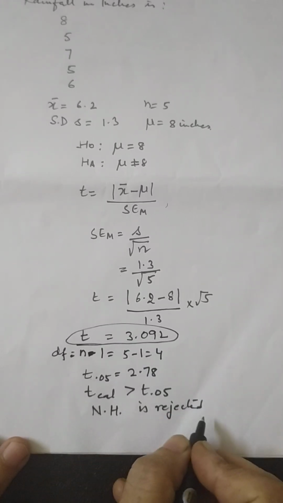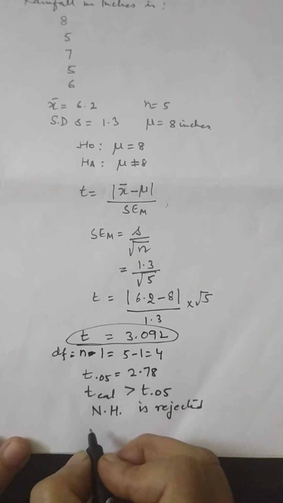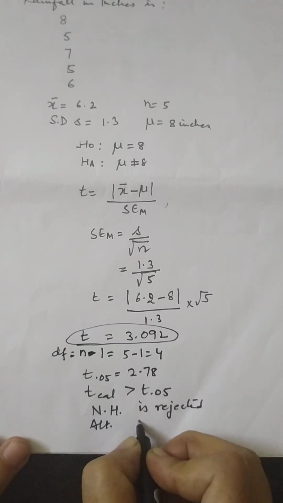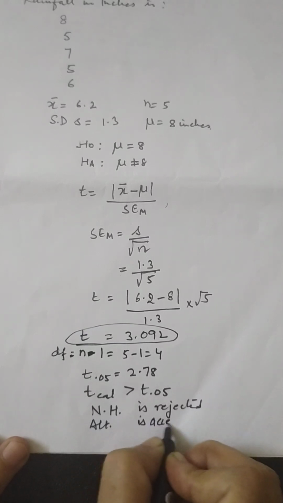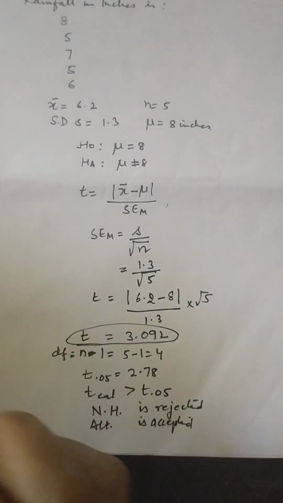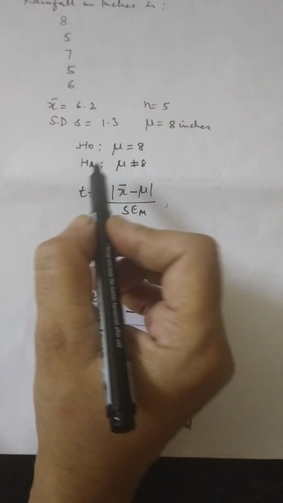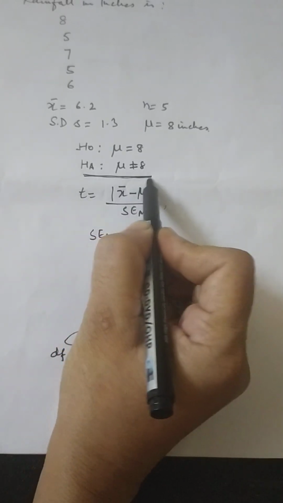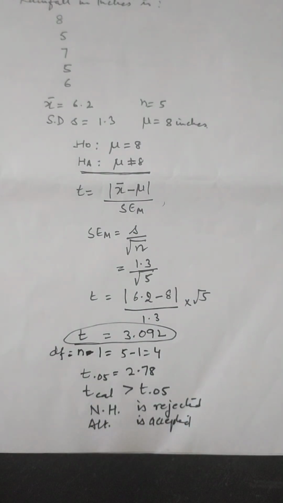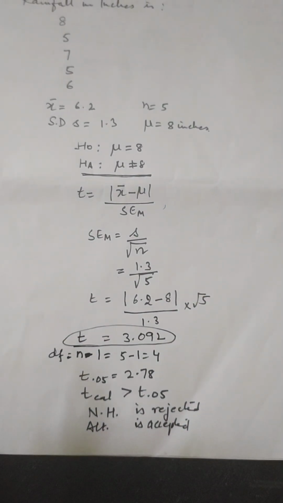And if the null hypothesis is rejected, it means the alternative hypothesis is accepted, right? So the alternative hypothesis we framed is that the average rainfall from 2016 to 2020 is not the same as the overall average annual rainfall of 8 inches. This one. Clear? So this is how we use a t-test for one sample.